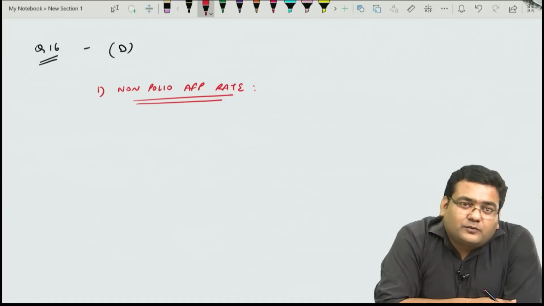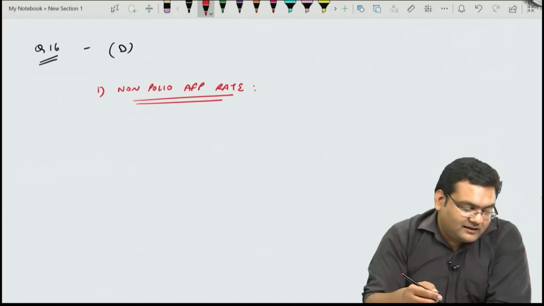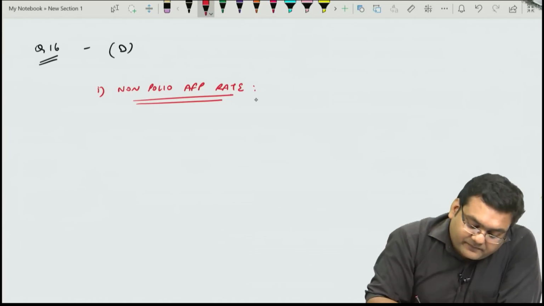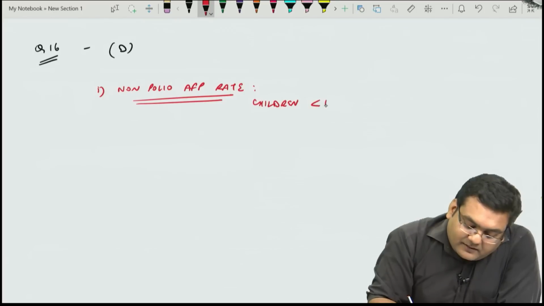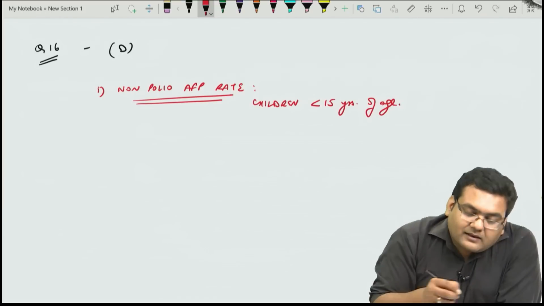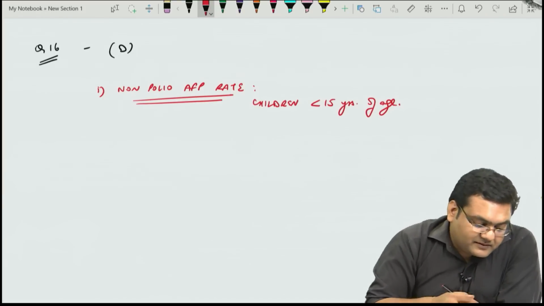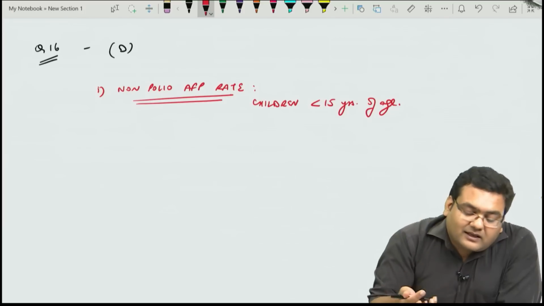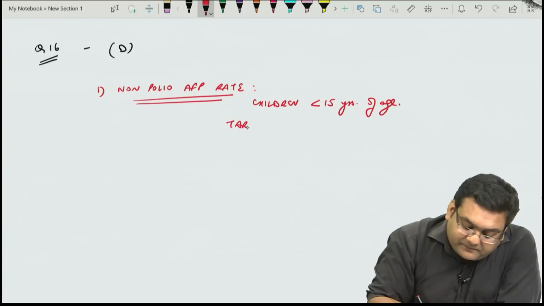Now, what is the age group under which it is seen? It is seen in children less than 15 years of age. And what is the target? The target should be more than 1 per lakh.